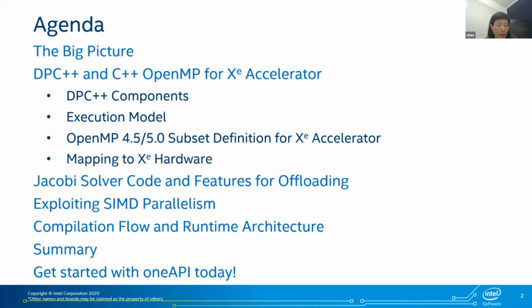In the last part, I will show you some of the compilation flow and the runtime architecture, so you know roughly the high-level architecture of the compiler and the runtime we are building, and what it looks like based on the LLVM infrastructure. Then a summary and the preliminary performance improvements we have achieved recently. Feel free to jump in if you have any questions.